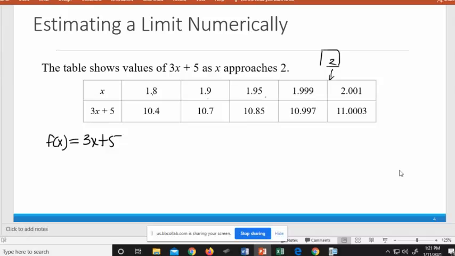But you could also approach from the right-hand side, and you see that these match. From the right-hand side, I could do something like 2.001, 2.00001, etc. And the closer I get to 2, the closer my function value should be to the limit. And in this case, it's 11.